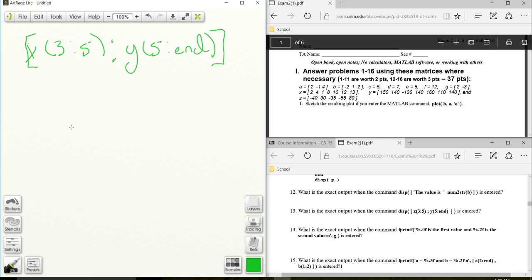That's all this is, a matrix. So x is going to be from 3 through 5. Over here you see x of 3, so this is 1, 2, 3. It's going to be 1, 8. 1, 2, 3, 4, 5. It's going to be 1, 8, and 10.